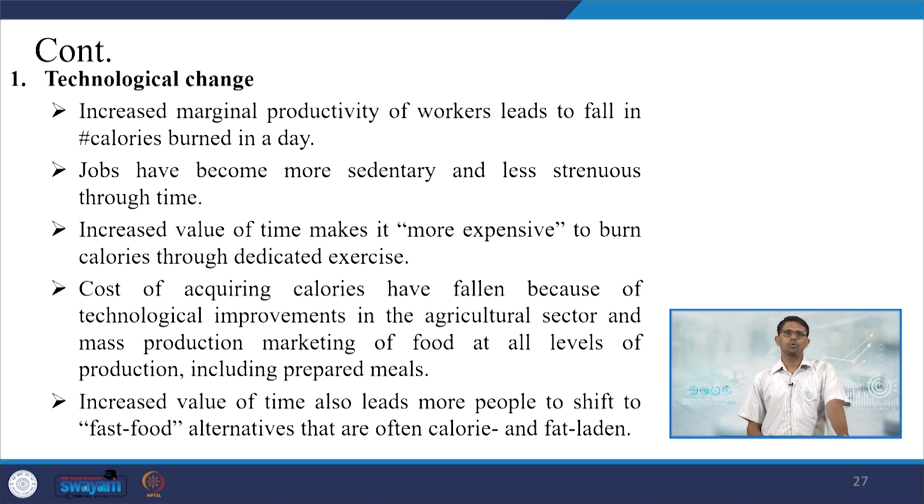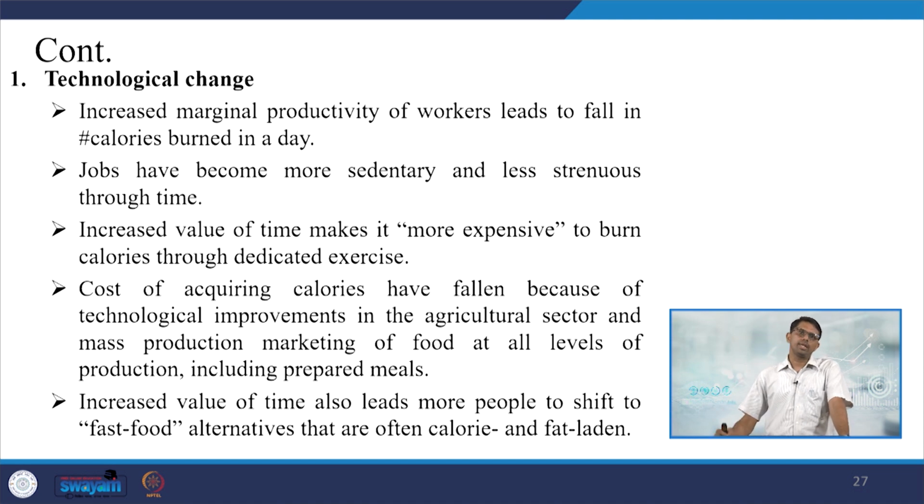Increased marginal productivity of workers leads to a fall in calories burned in a day. Jobs have become more sedentary and less strenuous. Increased value of time makes it more expensive to burn calories.